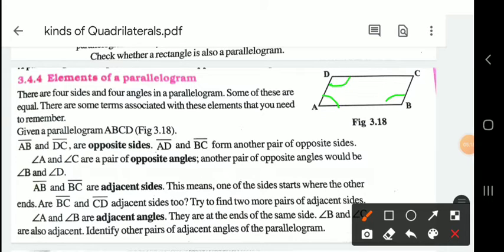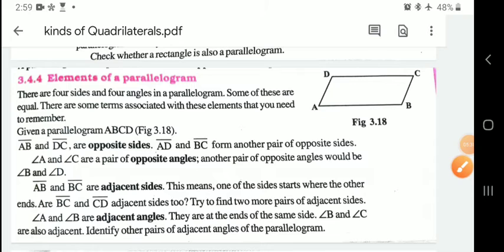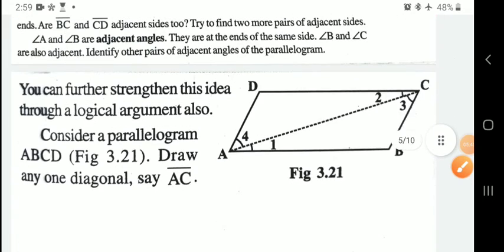Angles A and B are adjacent angles, and AB bar and BC bar are adjacent sides. These are the elements of parallelogram.